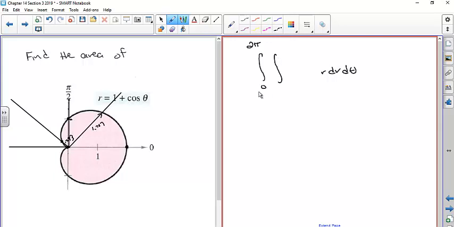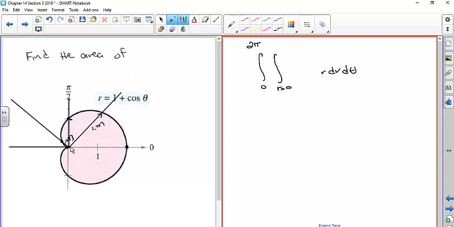And we are going to integrate from r equals, what are we going to do here? So the inside is r equals 0. So that's, if we think about going from the origin out to here, because this is all filled in.